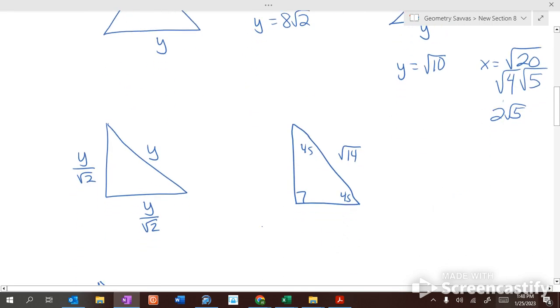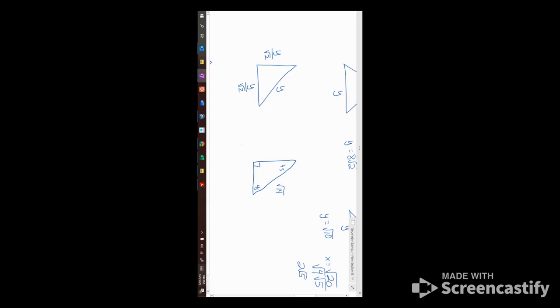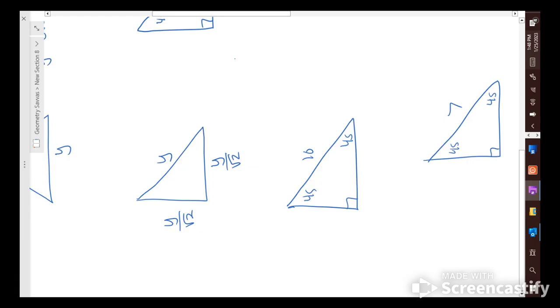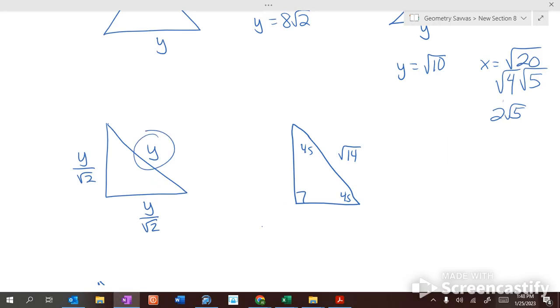All right. If we have the hypotenuse given to us, if you go to a side, you don't multiply, you divide by the square root of 2. So if you have the hypotenuse, to get to a side, you divide.